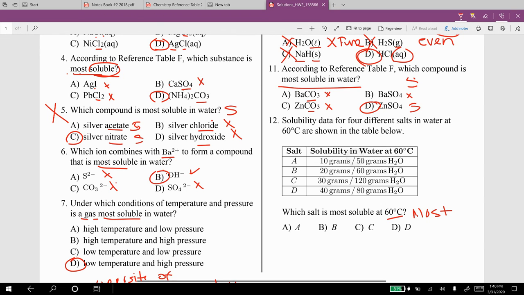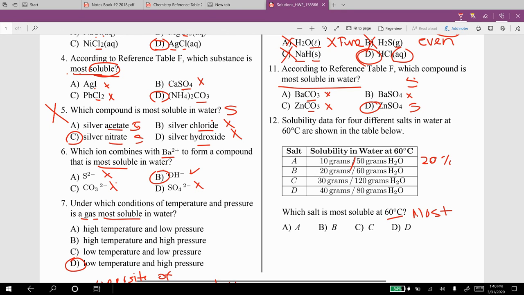When I have 10 grams per 50 grams, that just means 10 out of 50, which is the same thing as dividing 10 by 50. When I do 10 out of 50 times 100, that's going to give me 20%. That means 20% is dissolved.